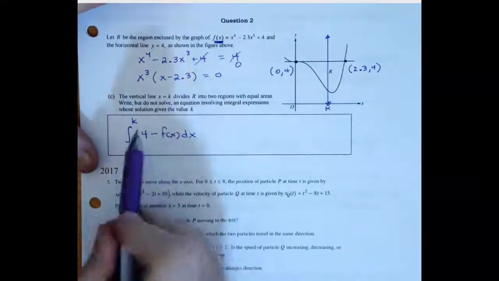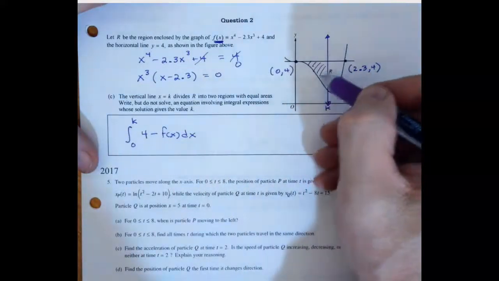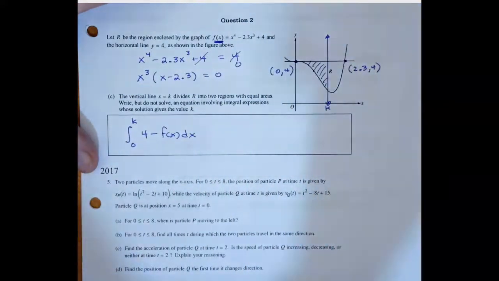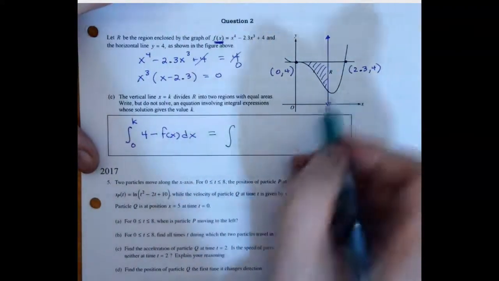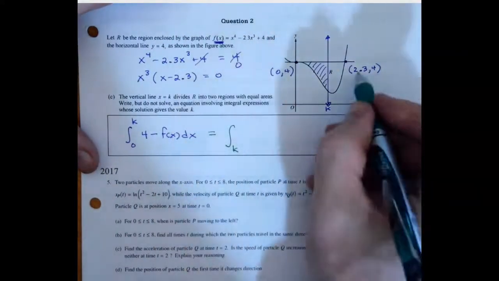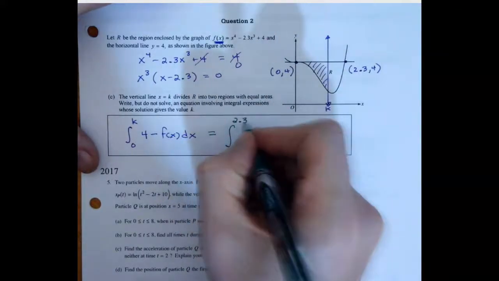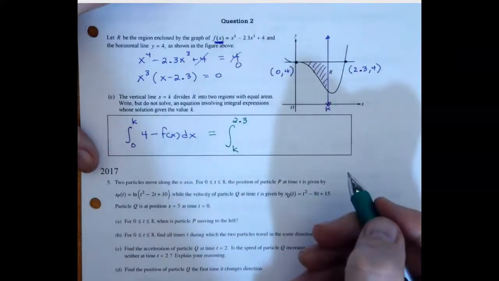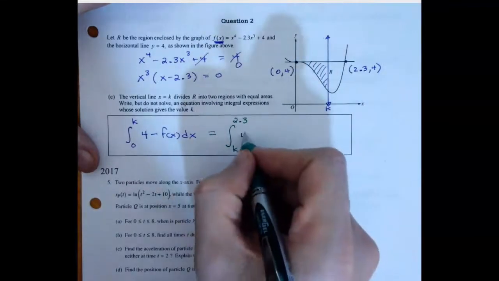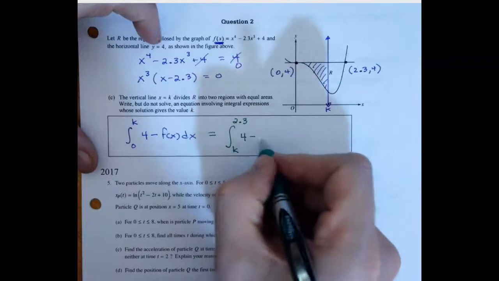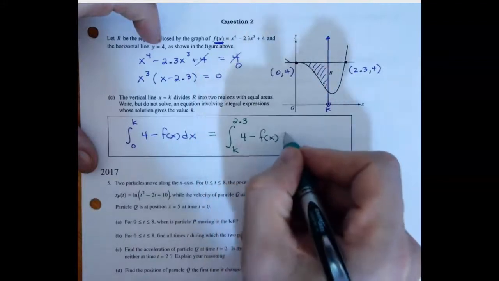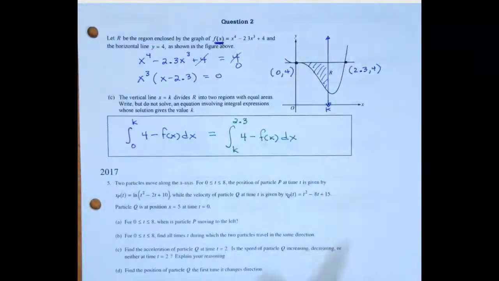So this gives us the area of this side. And it's saying that that line is cutting them in half, so they should be equal. So that should match up to the integral from k to 2.3. And we also have 4 still on top, the horizontal line, y equals 4. And the function is still on the bottom. And there we go. That's it.